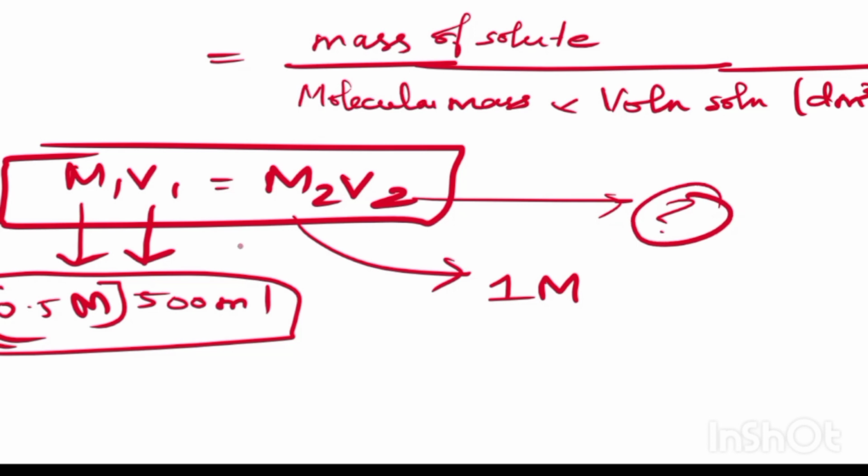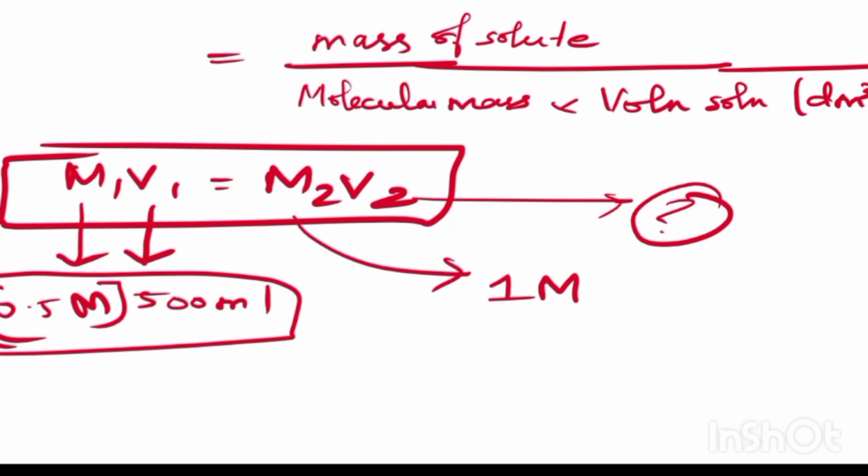They'll ask like this. Okay, they'll give you a solution, its molarity and the volume it contains, and tell you to prepare another solution which is 1 molar, and how much volume will you use? That will be the question, and you have to use this formula to find that.